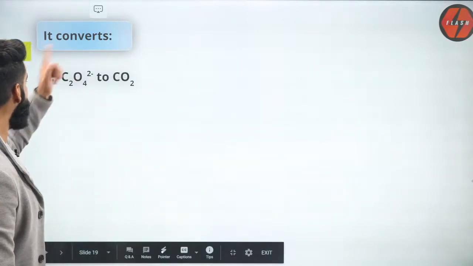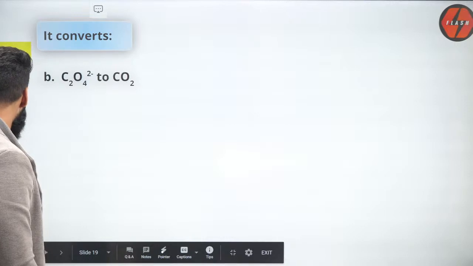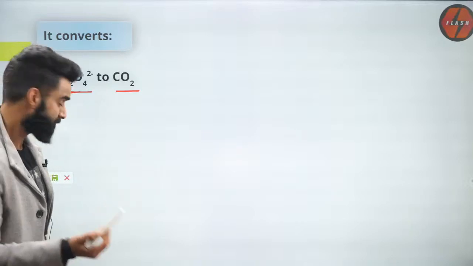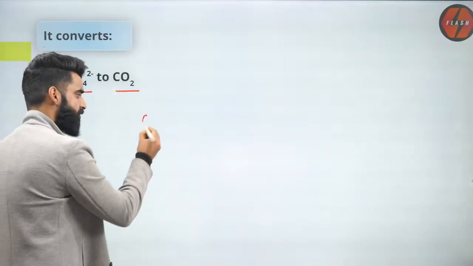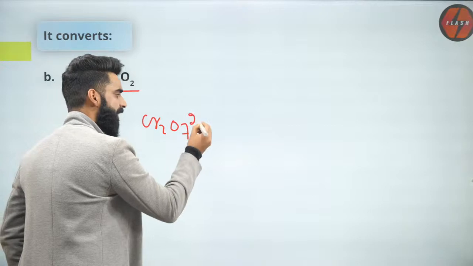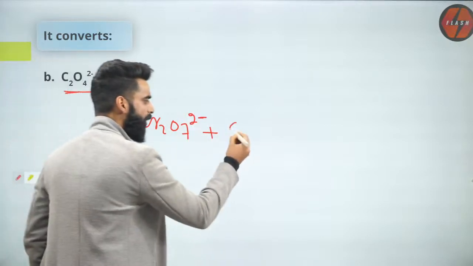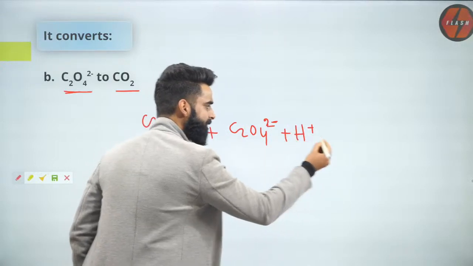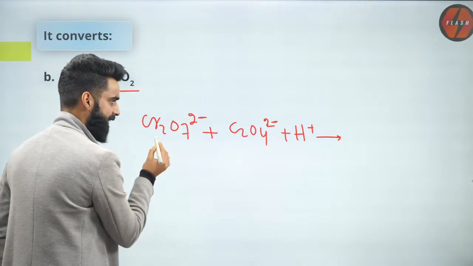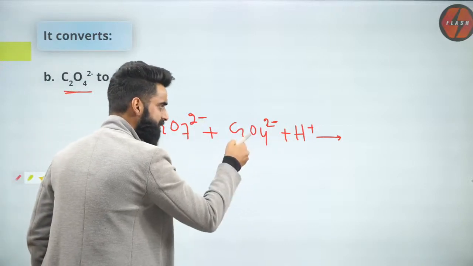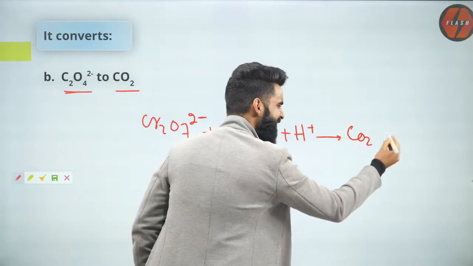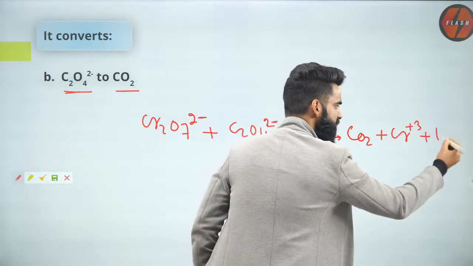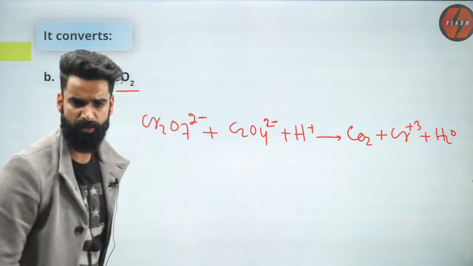Let me tell you, the same Cr2O7 di-negative converts oxalate ion to carbon dioxide. The same K2Cr2O7 converts this oxalate ion in acidic medium to carbon dioxide, and itself it gets converted to Cr plus 3, and with this it will give some water as well, very simple.